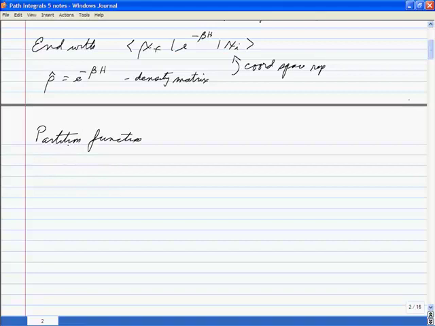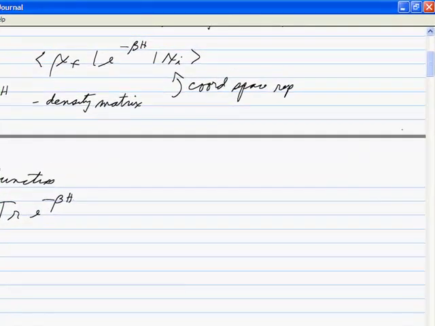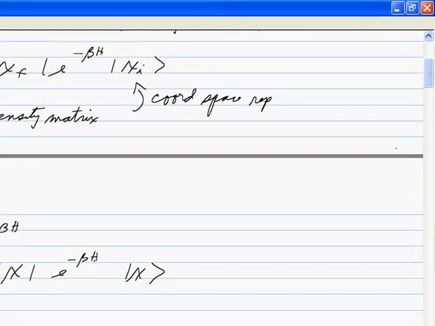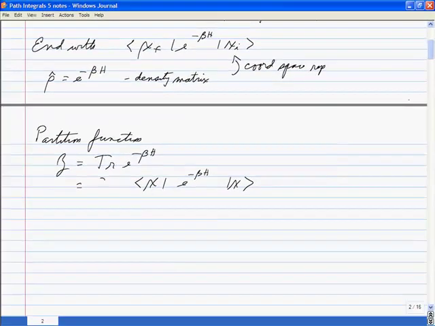The partition function is the trace of the density matrix, e to the minus beta H. And so what does trace mean in this case? Well, it means you take x final equals x initial, so <x|e^(-beta H)|x>, and sum over those elements. So it becomes the integral d^3x <x|e^(-beta H)|x>.